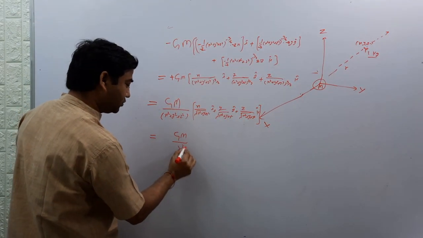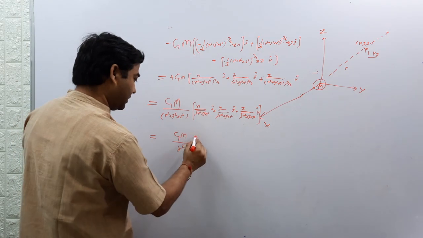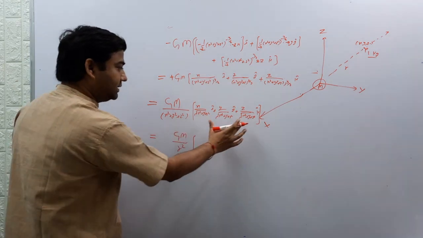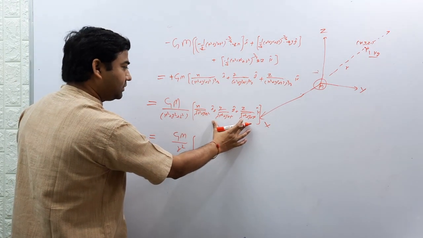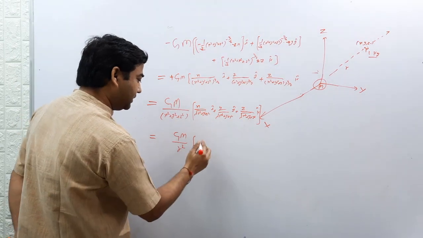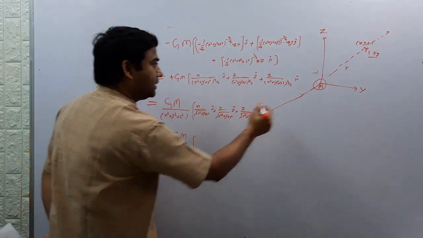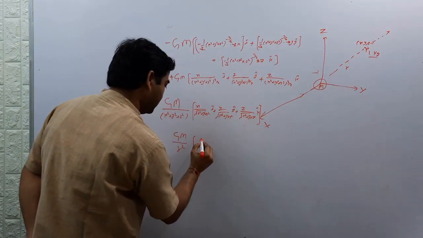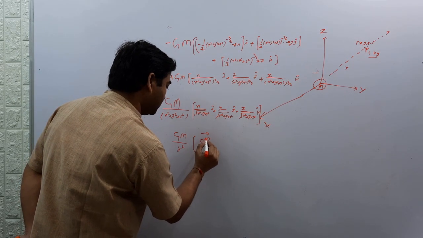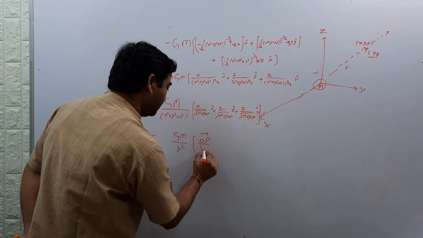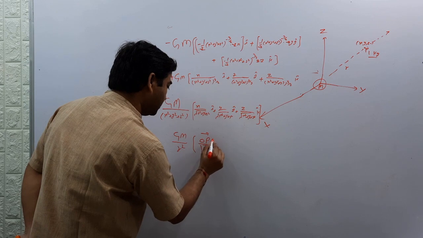We can write it as r square, and this vector is nothing but vector OP by mod of vector OP.